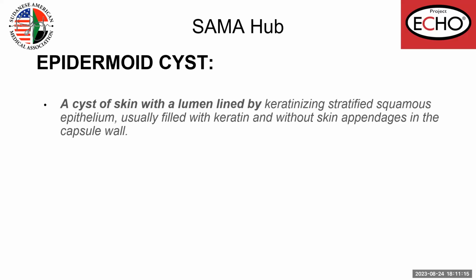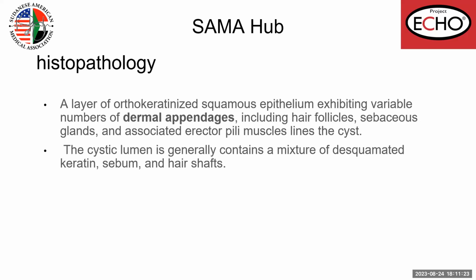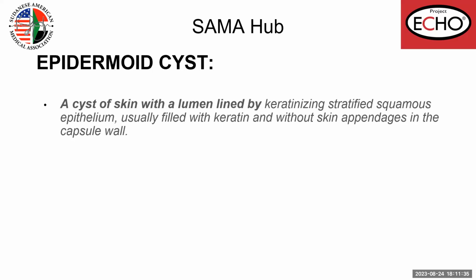Now, the fourth entity that we will be talking about is the epidermoid cyst. Before we go to the epidermoid cyst, in the dermoid cyst, we highlighted the dermal appendages, okay? Let's move to the epidermoid cyst.